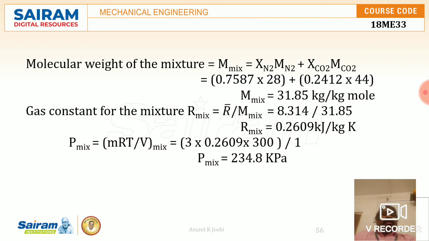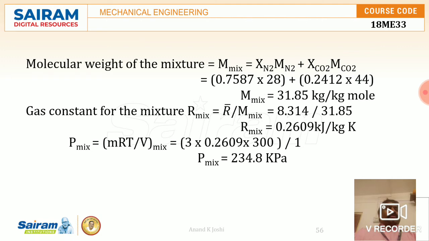R bar is the universal gas constant. For any gas at STP, the standard temperature and pressure, this is the value: 8.314 kilojoules per kg Kelvin.